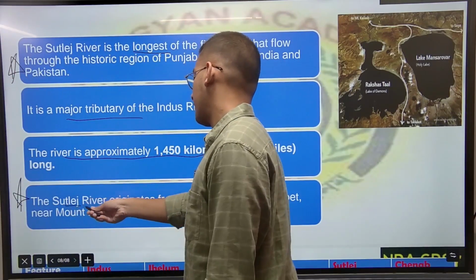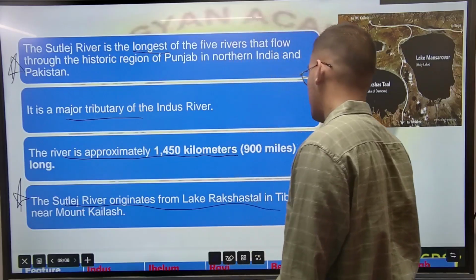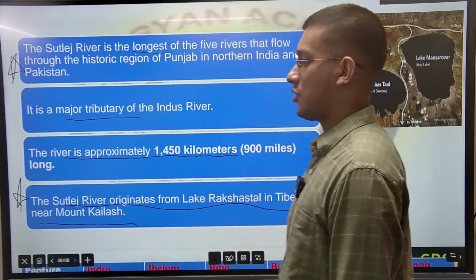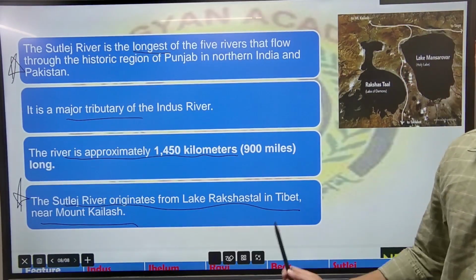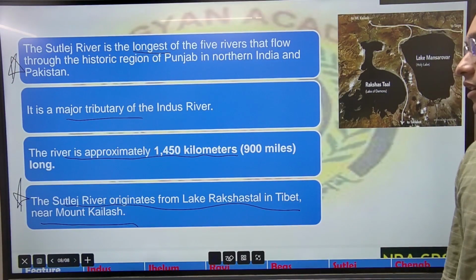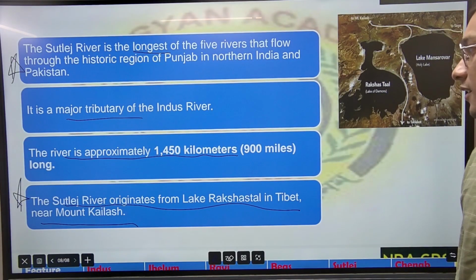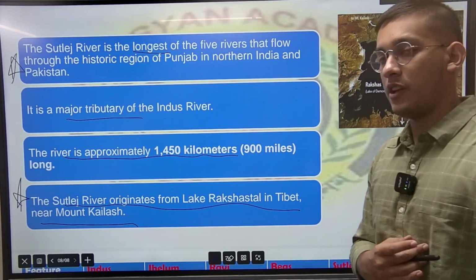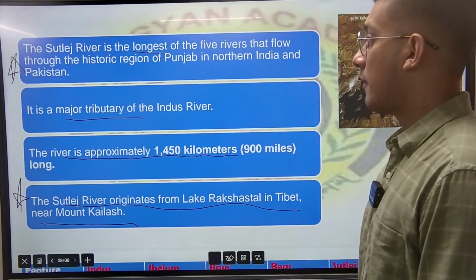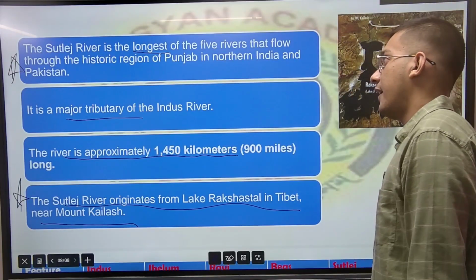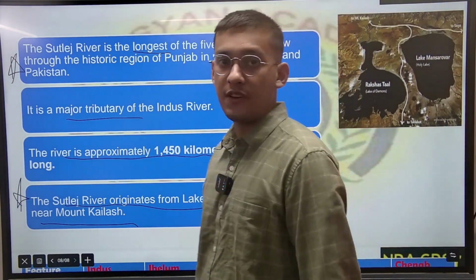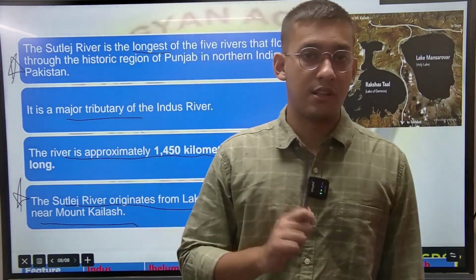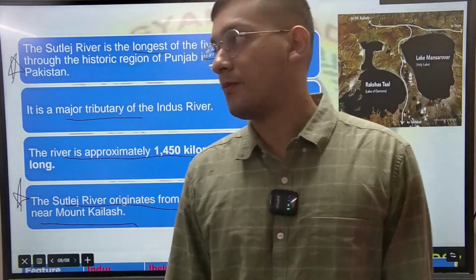Satluj River originates from Lake Rakshastal in Tibet near Mount Kailash. The river is approximately 1450 kilometers long. It is a major tributary of the Indus River and it is also the longest tributary of the Indus. The largest was Chenab. The longest is Satluj. That's something to remember.